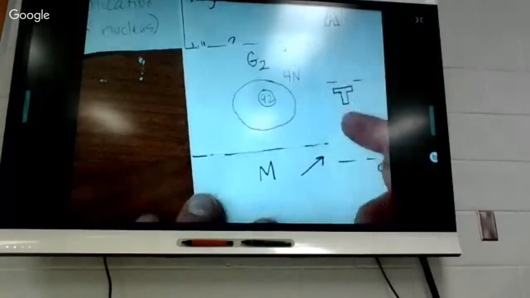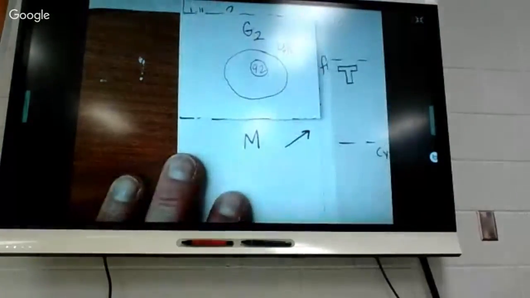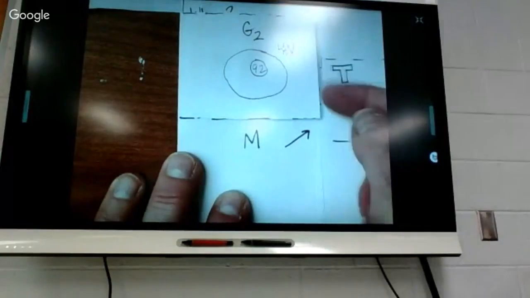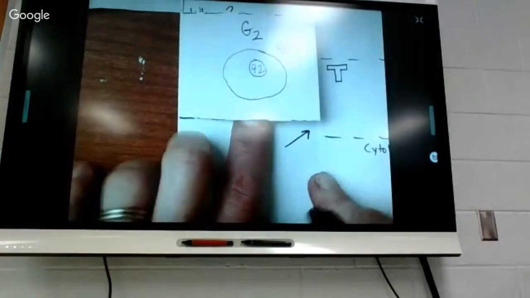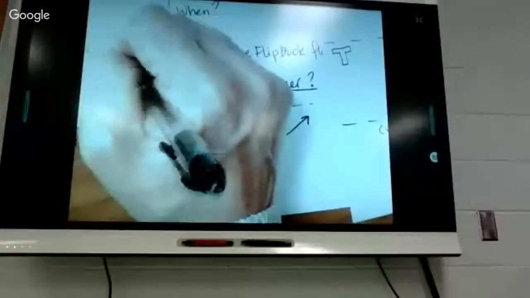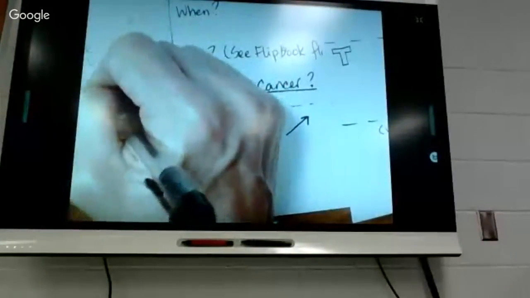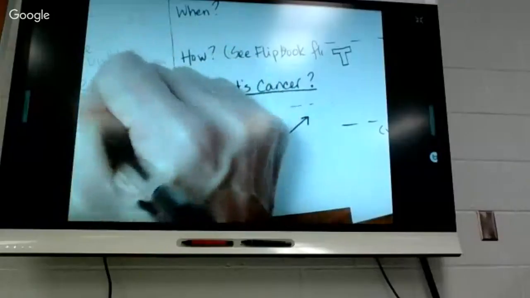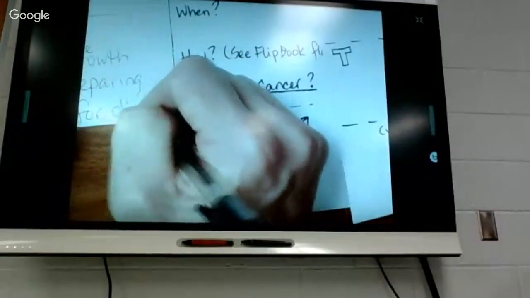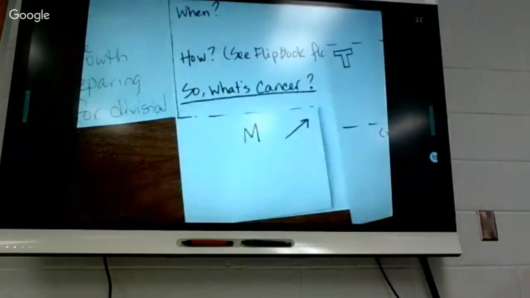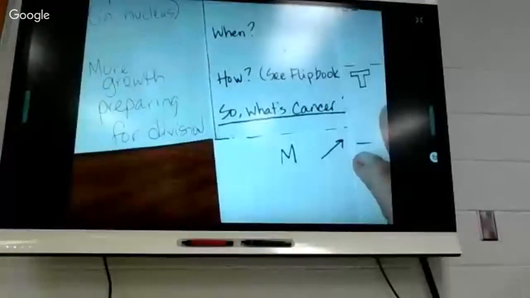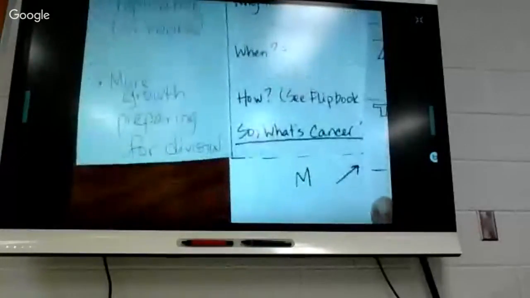So on the inside of that one, we'll put more growth, preparing for division. Or you could put preparing to split. Whatever helps you remember that.